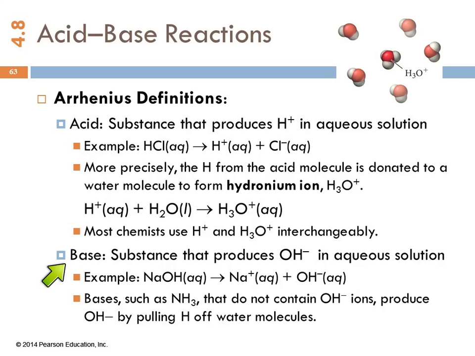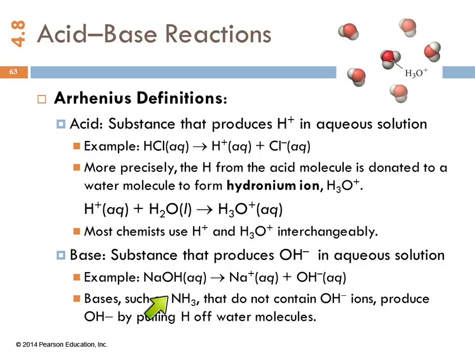A base, under the Arrhenius definition, is a substance that produces hydroxide ions in solution. Something like sodium hydroxide. Sodium hydroxide is a soluble metal hydroxide. It will dissociate into sodium ions and hydroxide ions. There are other bases. Ammonia is also a base.